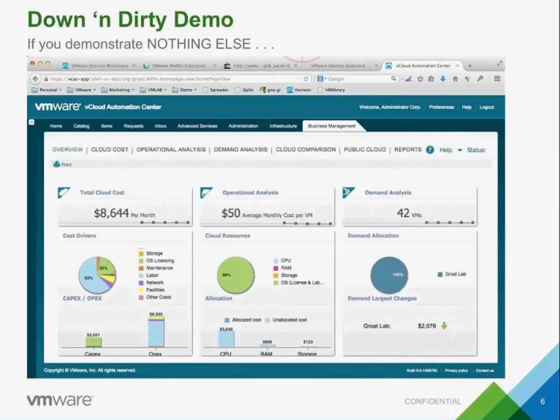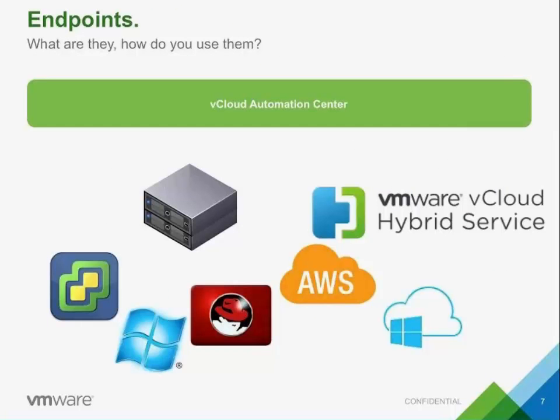So we kind of glossed over endpoints, but let's look at those a little more carefully. These are examples of just a few endpoints. But the one that I cannot stress enough, and like I said, all you really have to have in play is vSphere. If you have vSphere in play, then you can talk about cloud automation.